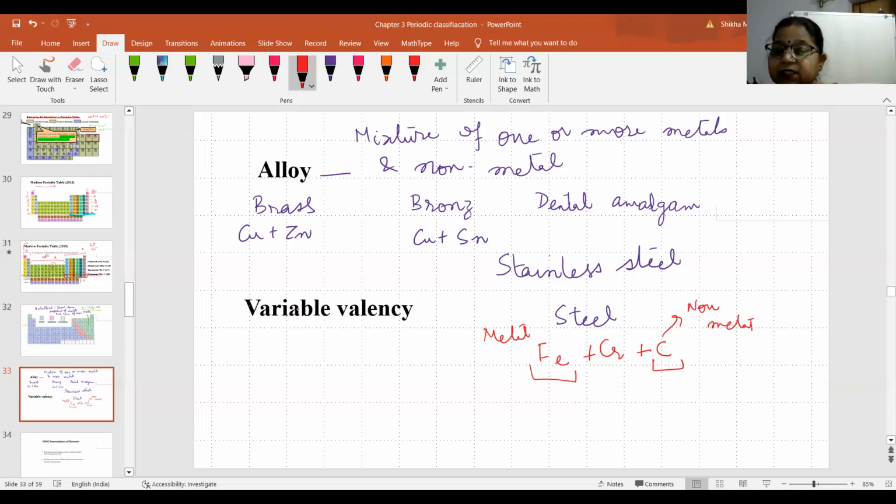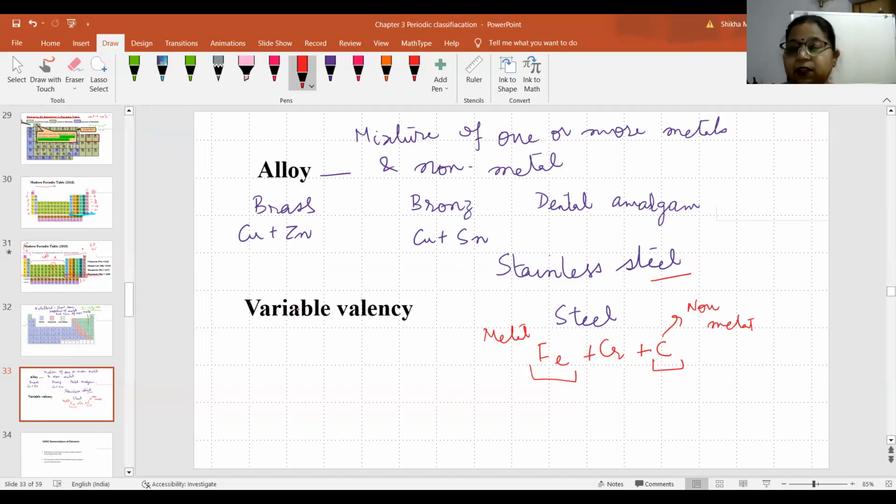Now, what is stainless steel? Stainless steel is a variety of steel which does not stain. Have you noticed that whatever type of utensils you are using at home, which are made up of steel, they do not stain? You cannot find a stain on them. Have you noticed it or not? Yes, ma'am. Okay, that is why it is called stainless steel.